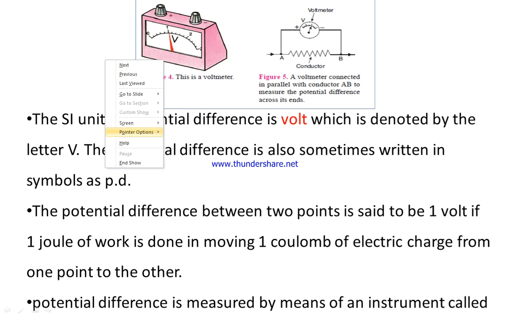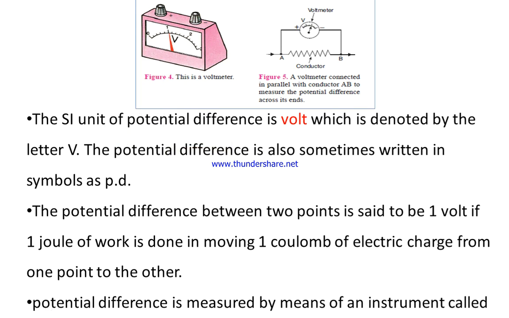Now you can see a diagram here. This is the voltmeter, a device that is used to measure the potential difference. One more interesting thing here: if you want to measure the potential difference between 2 points, you must connect it in parallel. Parallel means between the 2 points you have to connect it, so that it can measure the work done between the 2 points.